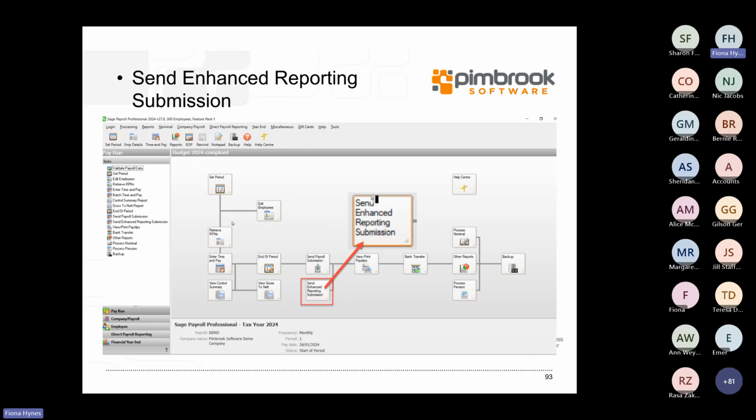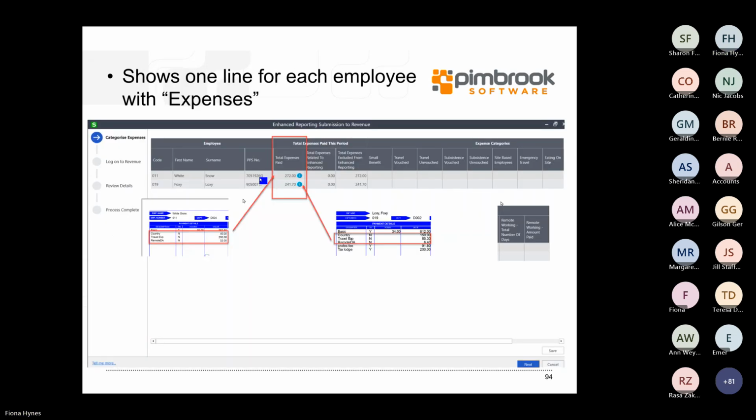So you'll notice the new Send Enhanced Reporting Submission button on the screen in 2024. And to do your ERR submission, you just select that button. You're then presented with this ERR screen, which gives you one line for each employee showing a total of all payments made under the payment type expense for each employee.